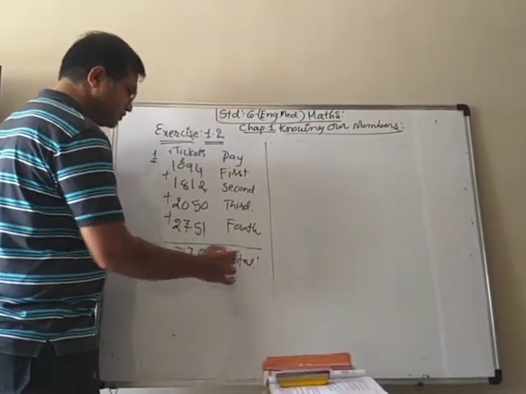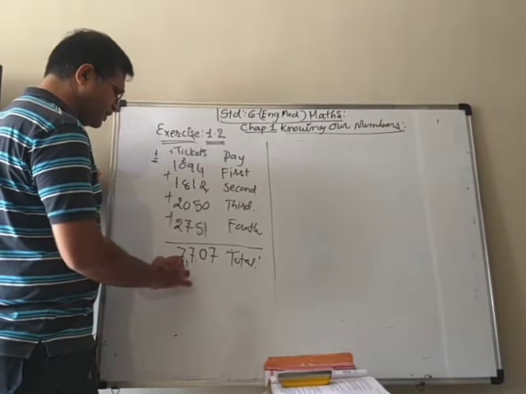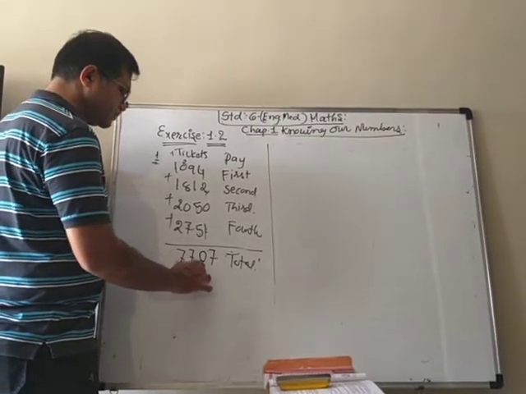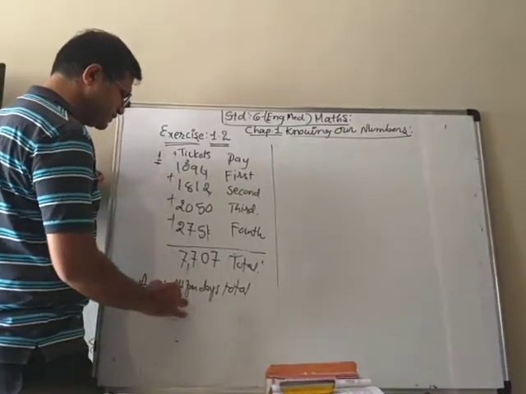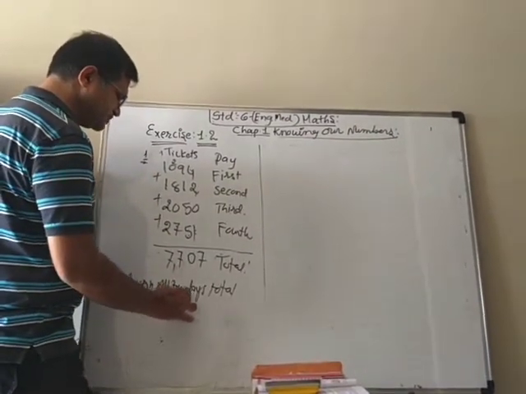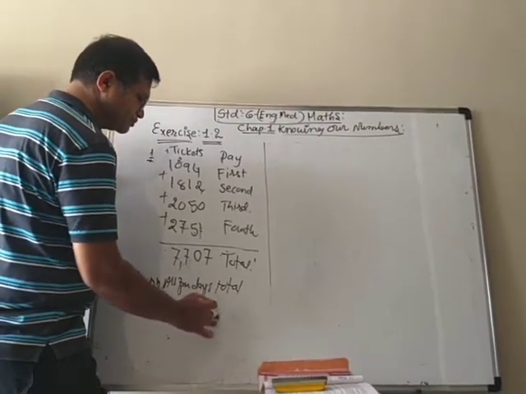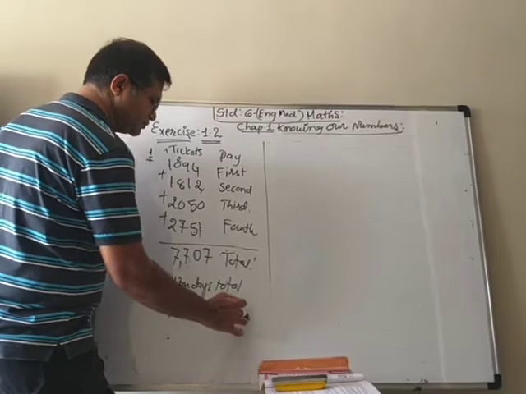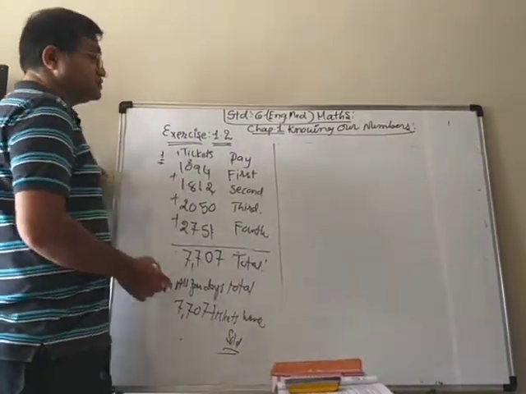So here you can write down the answer: on all 4 days, in total 7,707 tickets were sold. So here we see that we have to do the addition.